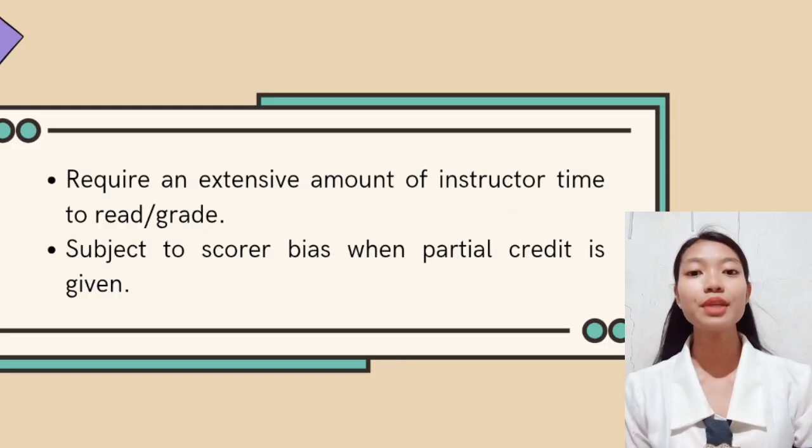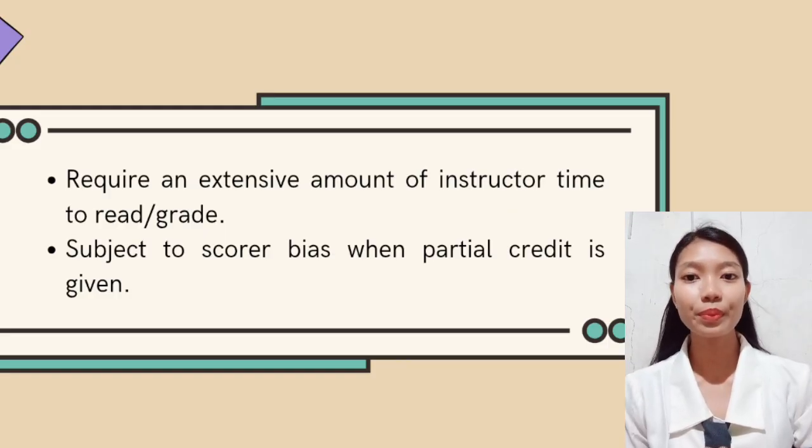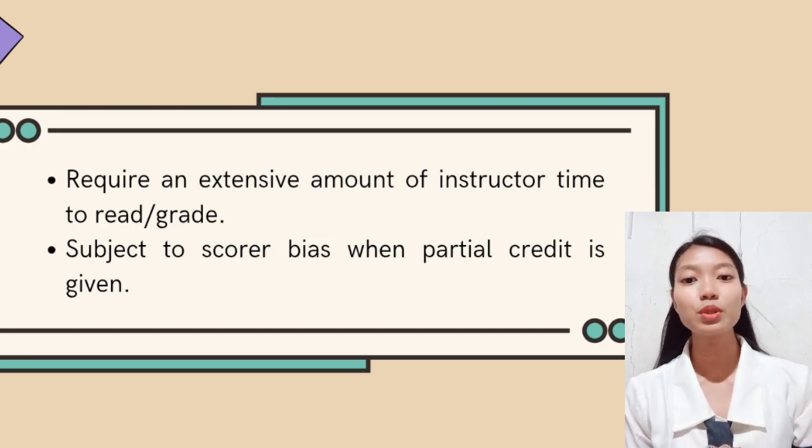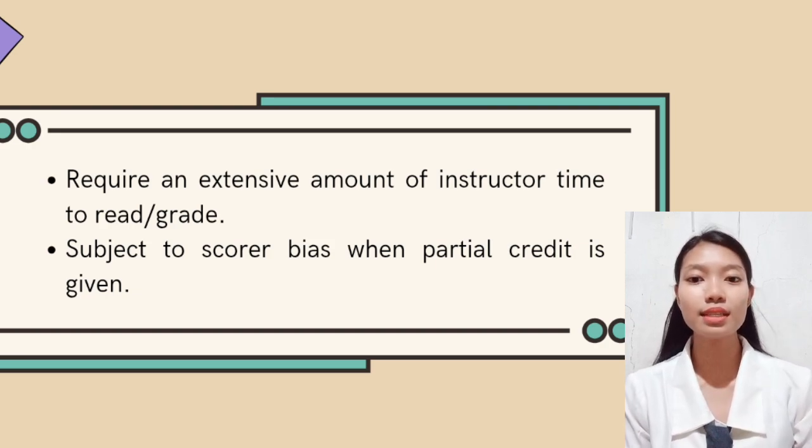Because of this, it's important that teachers prepare clear scoring guidelines or rubrics to make grading fair and consistent. Also, before giving the problem to students, teachers should test solve it themselves to make sure the solution is correct and the problem makes sense.